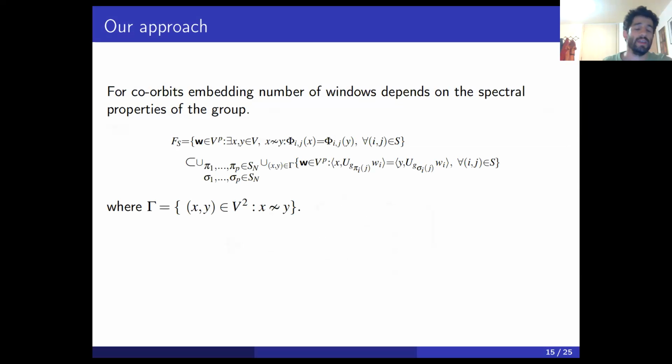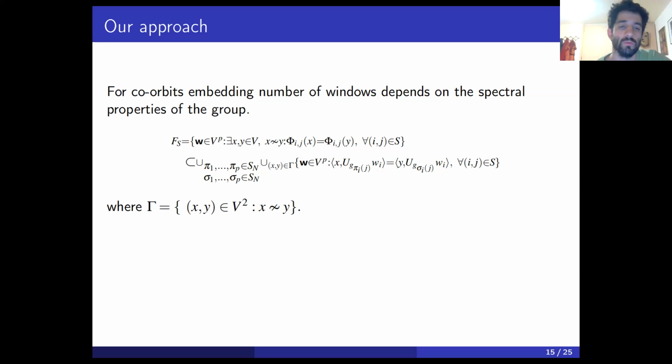We don't have any result yet for this problem, but we believe that given a specific S, the number of generic vectors you need depends on the spectral properties of the group that acts on our vector space.